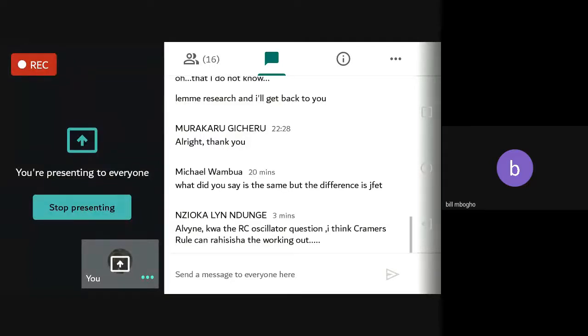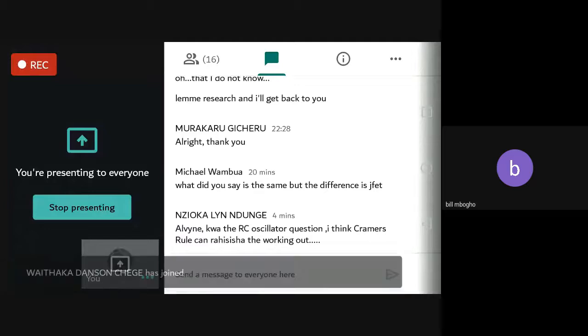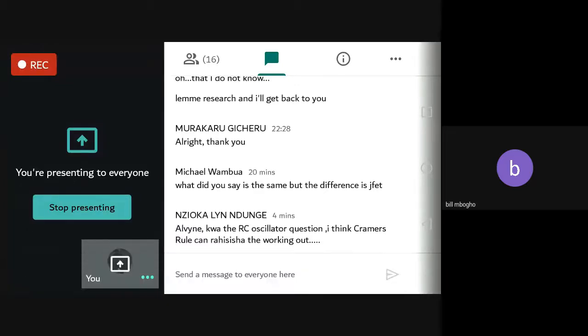Okay, in the RC oscillator question, I think Cramer's rule can show the workout. The RC oscillator, which RC oscillator question? The phase shift.